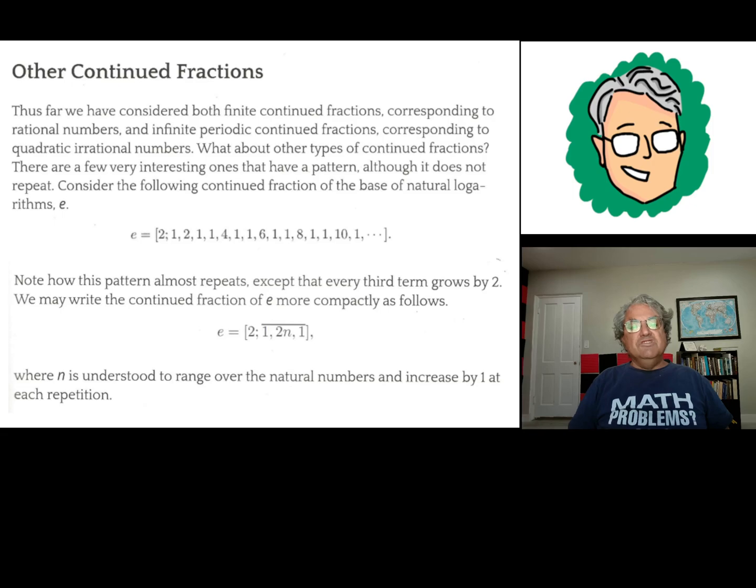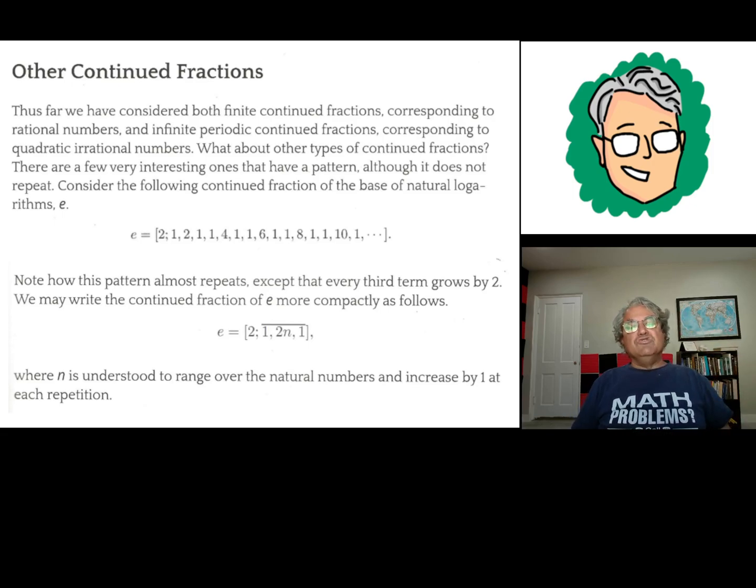But anyway, you see that the continued fraction of e has a very special form. It starts out 2, 1, 2, 1, 1, 4, 1, 1, 6, 1, 1, 8, 1, 1, 10, 1, and so on. That pattern keeps going forever. It doesn't repeat, obviously, because you have these even numbers that keep growing every third term. You can write it symbolically, though.